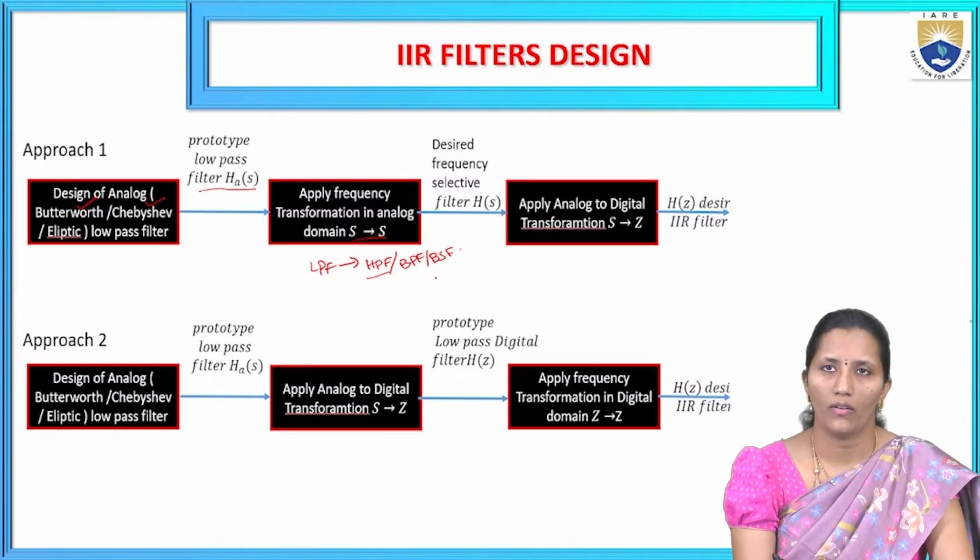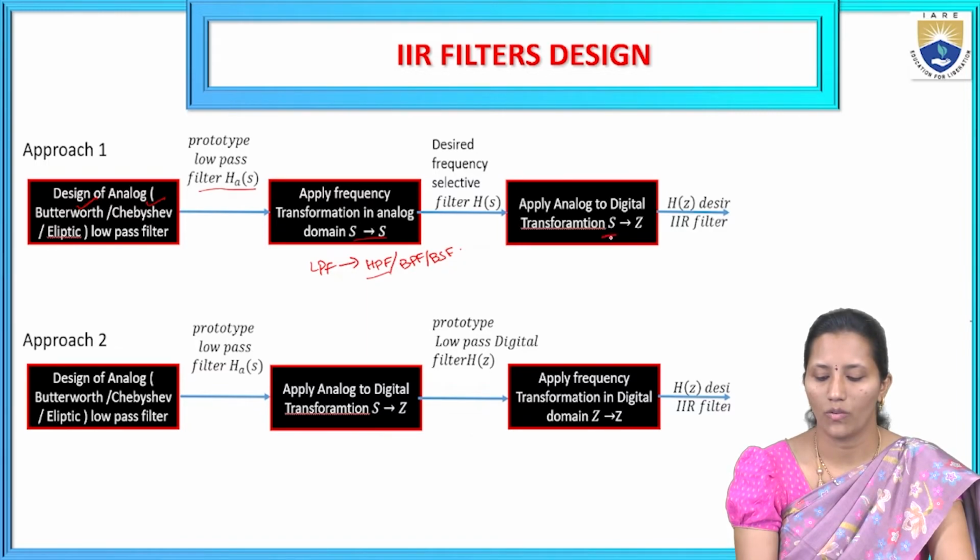From there we have to convert that into the digital filter transfer function. So here we are going to apply the analog to digital transformation, that is S domain to Z domain.